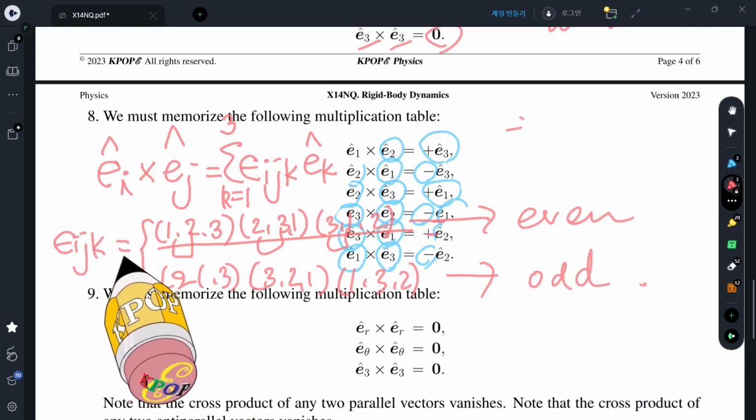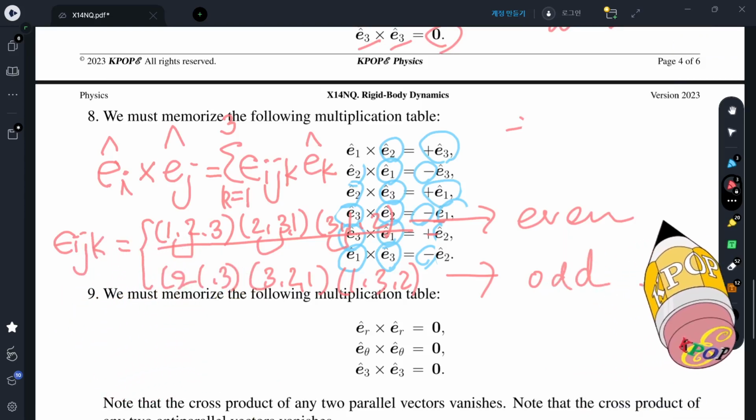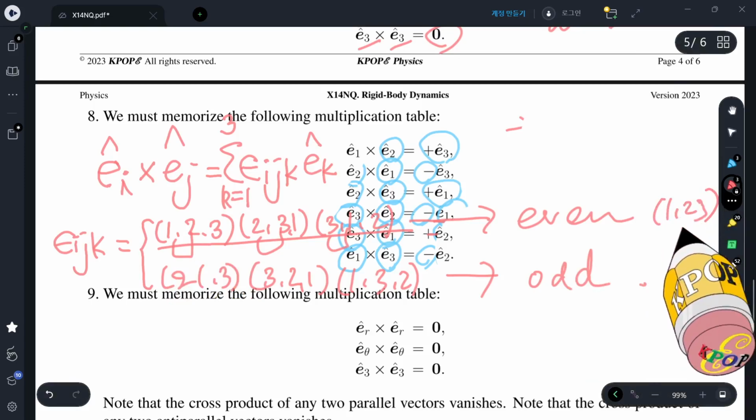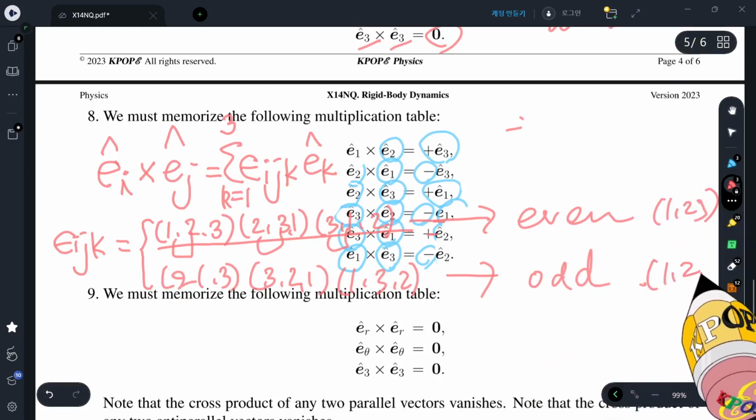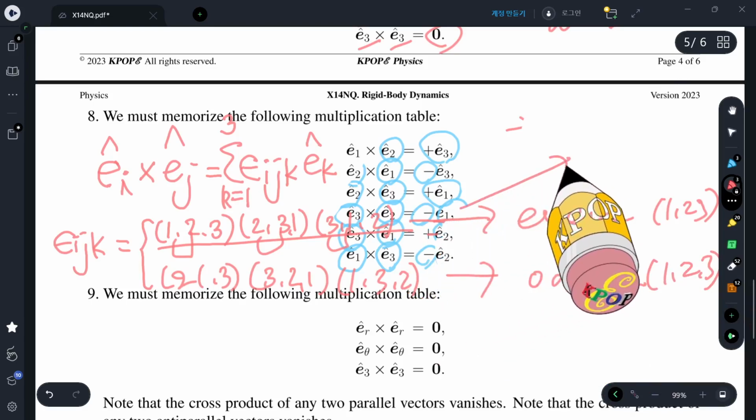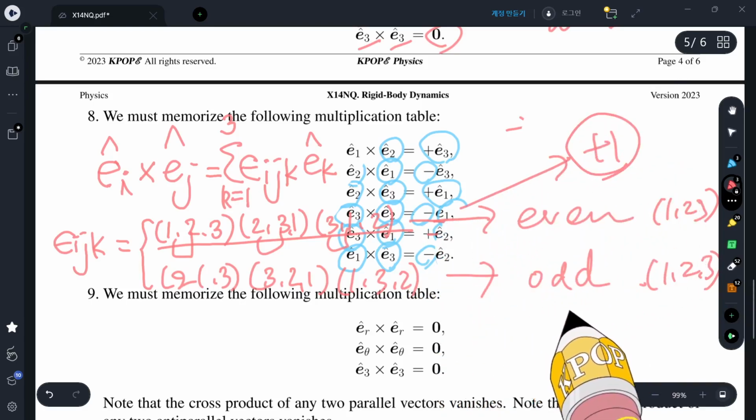When ijk construct an even permutation of 1, 2, 3, or an odd permutation of 1, 2, 3, we allocate plus 1 and minus 1.